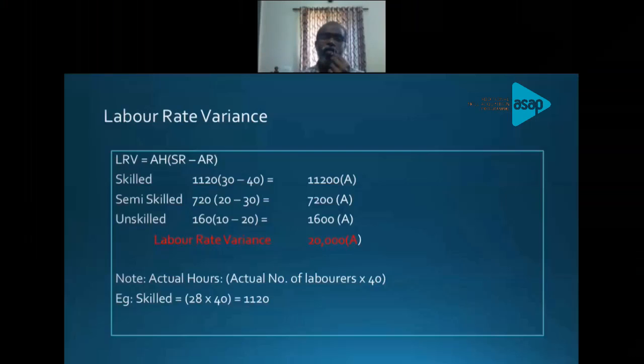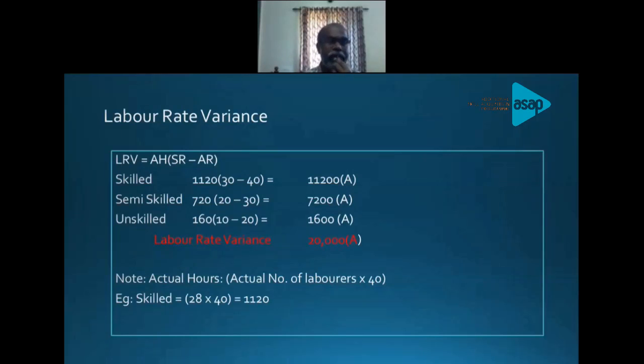So 28 skilled workers, 40 labor hours, 28 into 40 is 1,120. Standard rate is 30 in respect of skilled employees. Actual rate was 40. The actual rate is more than standard, so the variance is adverse, 11,200.